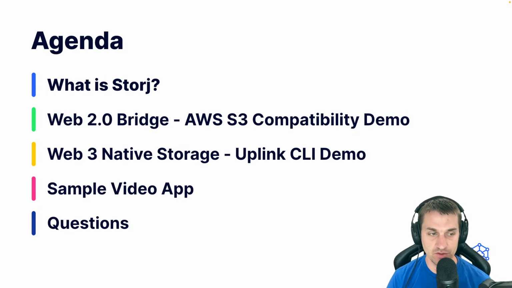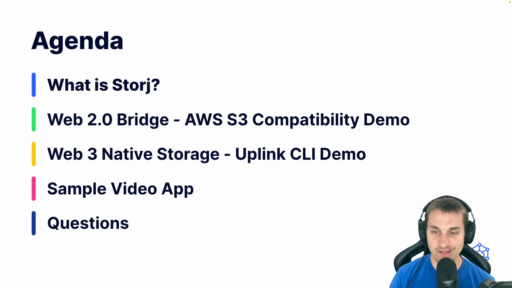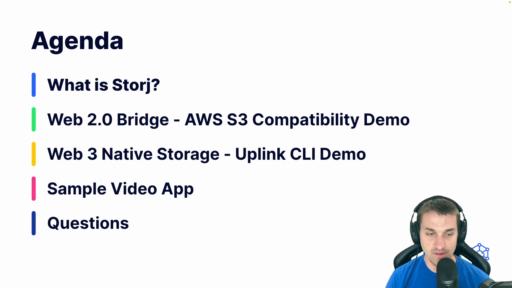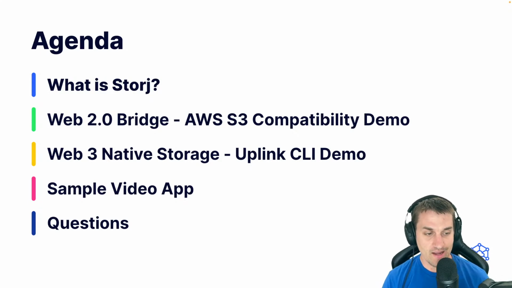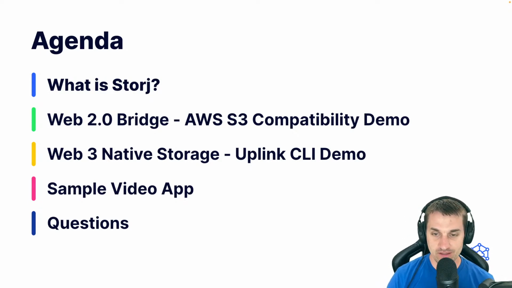And then I'll show you our Web 2 bridge, things about AWS S3 compatibility. Then I will transition to our Web 3 native storage, which is an uplink tool that we've developed. And then we will create a sample video app. And of course, if you have any questions, feel free to type them in the chat at any time. I will do my best to monitor those and to answer those.